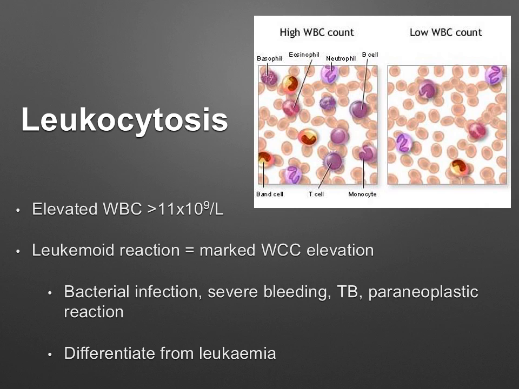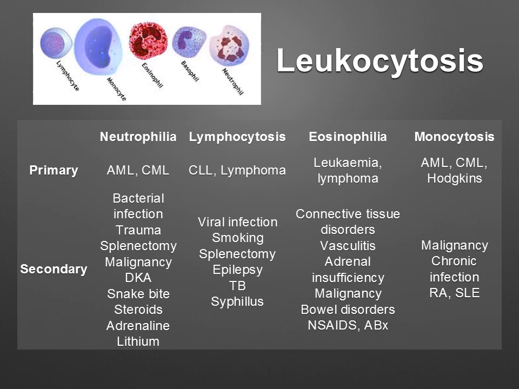Whereas in things like CML, where white cell counts may be up to 500, you're going to have a massive splenomegaly, a predominance of myelocytes and basophils, and if you've got hypergranular neutrophils with a predominance of blast cells and rods in the blood film, that's obviously going to favour leukemia. We'll discuss that a little bit later with the blood film.